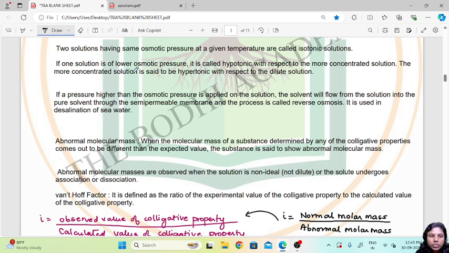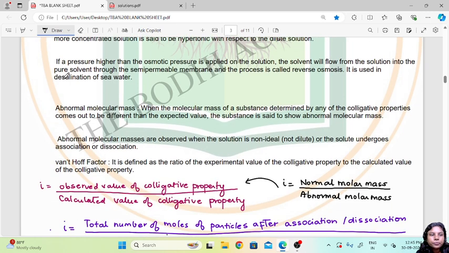So the more concentrated solution is said to be hypertonic with respect to the dilute solution. Here this is a bit confusing. So just remember, if we have a solution which has a lower concentration, that is a lower osmotic pressure, then it is called hypotonic with respect to the higher concentration solution. If the solution is a more concentrated solution, then it is called hypertonic with respect to the dilute solution.